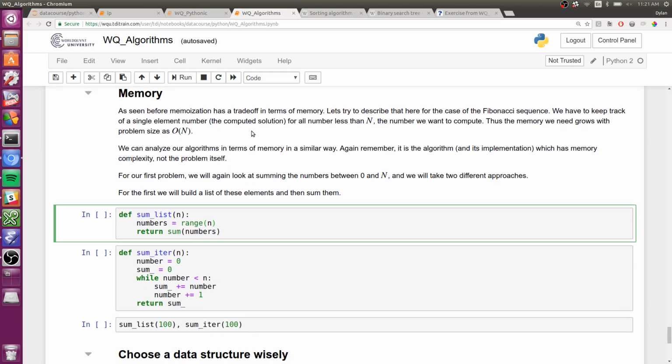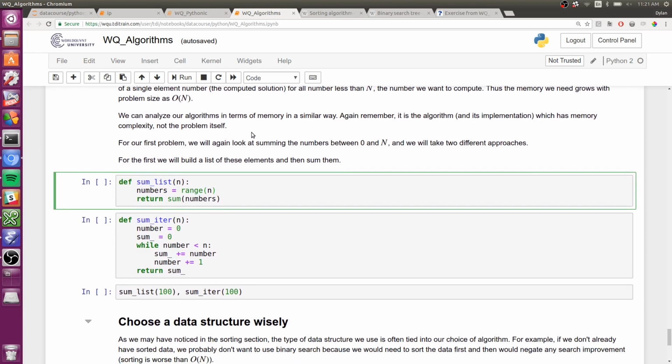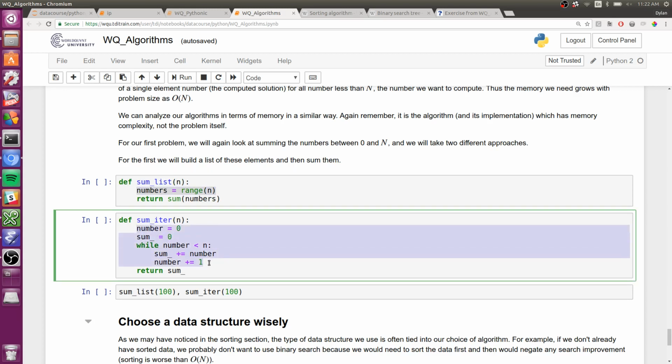One of the simplest comparisons we could do is considering two functions that compute a sum of the numbers 0 through n. One constructs a list of those numbers, and one computes the sum iteratively.